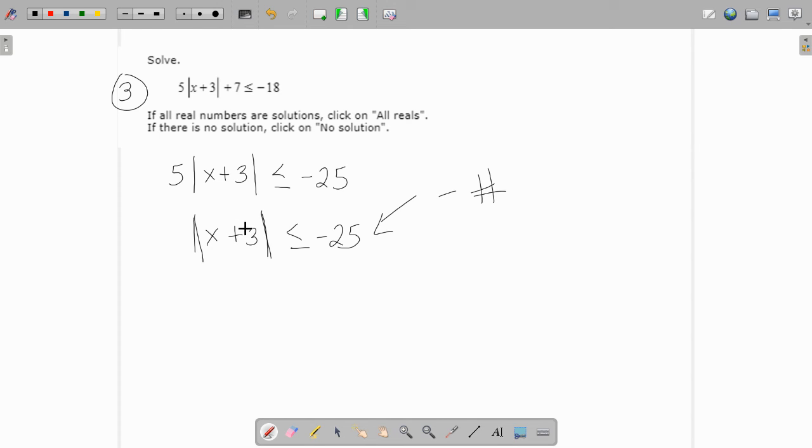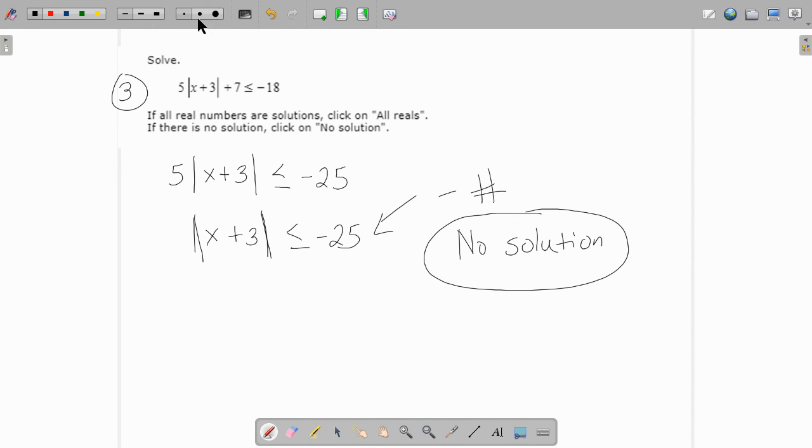Is zero or any positive number going to be less than or equal to negative 25? No, impossible. So once you isolate, you can't look here, because sometimes if this was a -5, this would turn positive and it would work. But once you isolate, if you get a negative number over here, you can automatically tell Alex and me that it is no solution. So if you notice that, you'll save yourself a lot of time.